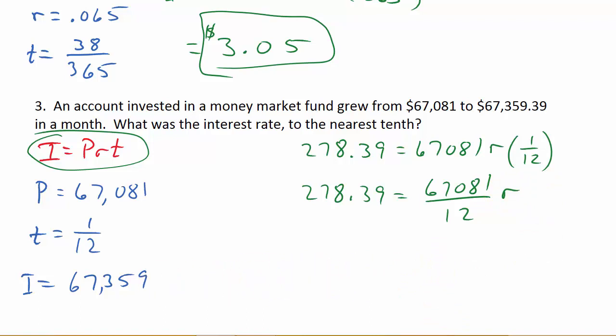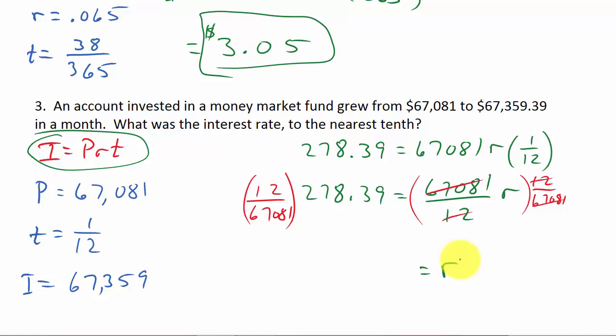Now, what do we need to do to solve for R? Well, we need to multiply both sides by the reciprocal, and that'll cancel the 12 and the 67,081 out.